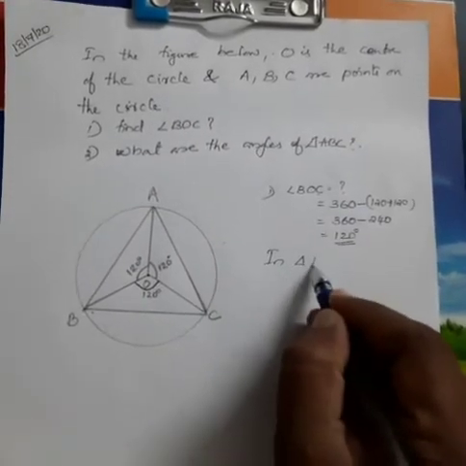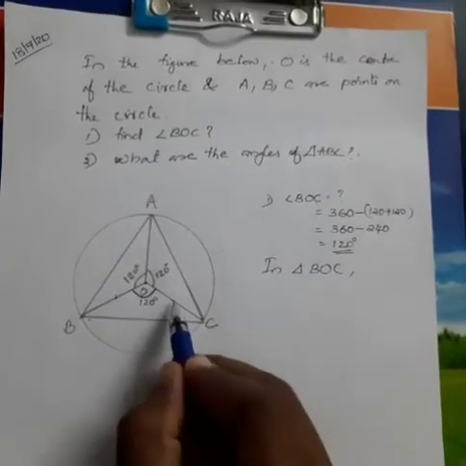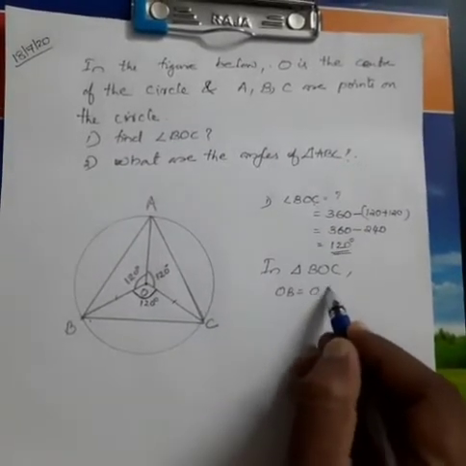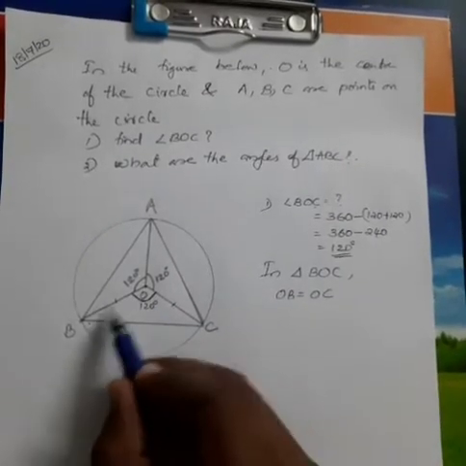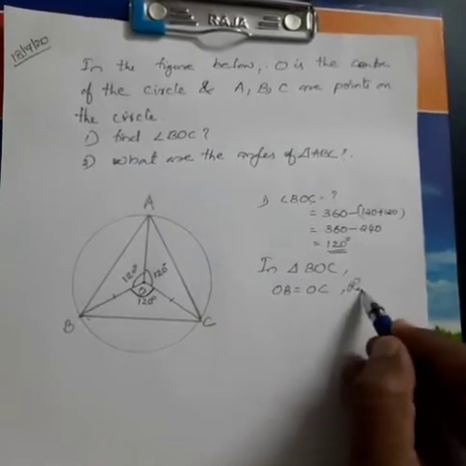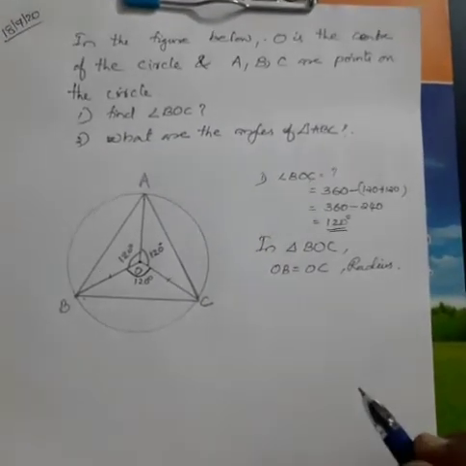In triangle BOC, what is the speciality of these two lines? OB should be equal to OC. Why? These are the radius of the circle.